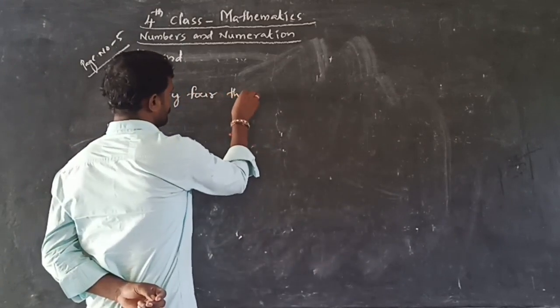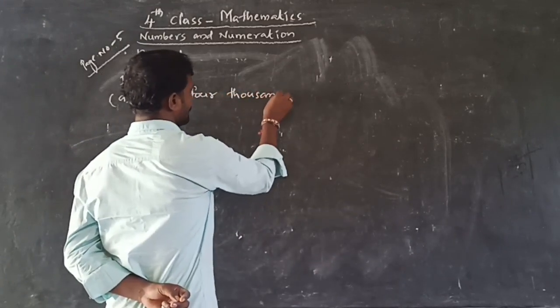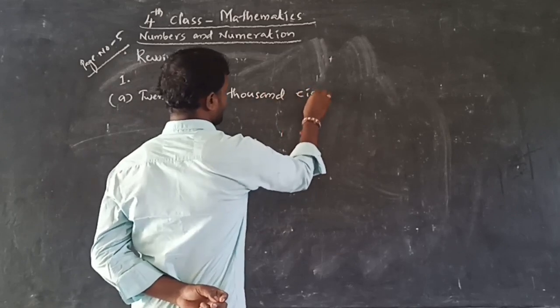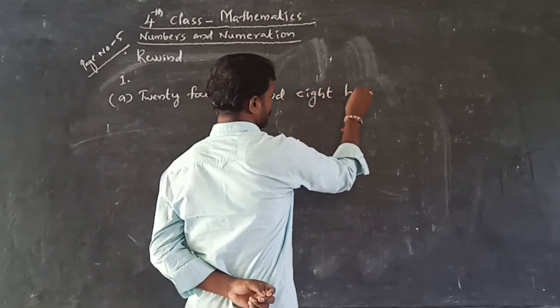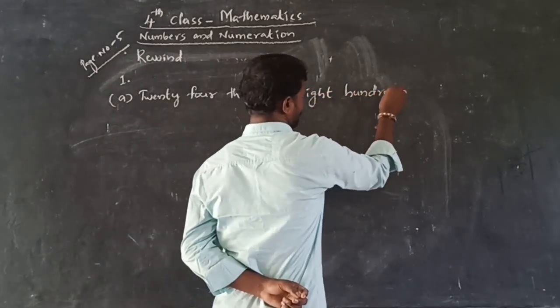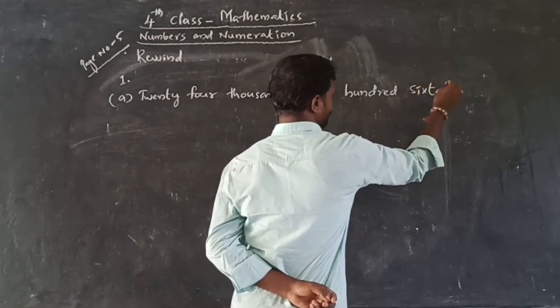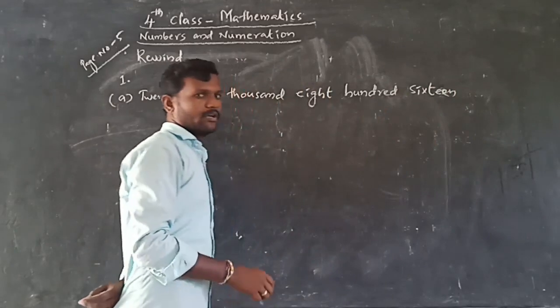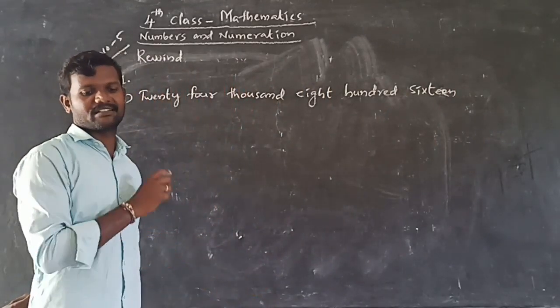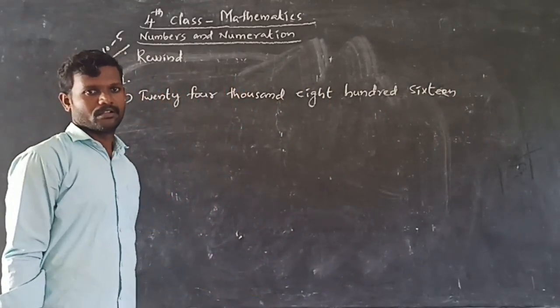24,816. It is the number name given. For this number name, you want to write the numeral. Numeral means the number you have to write.